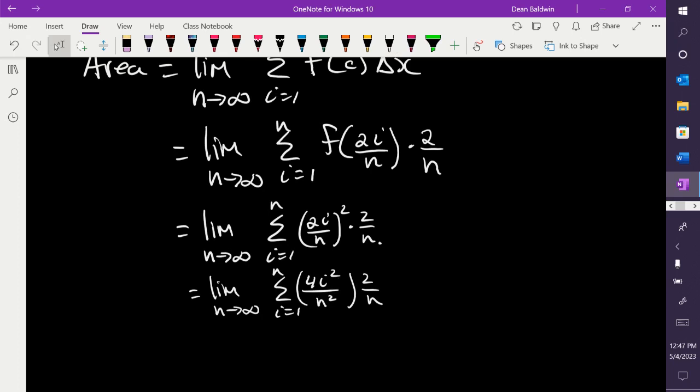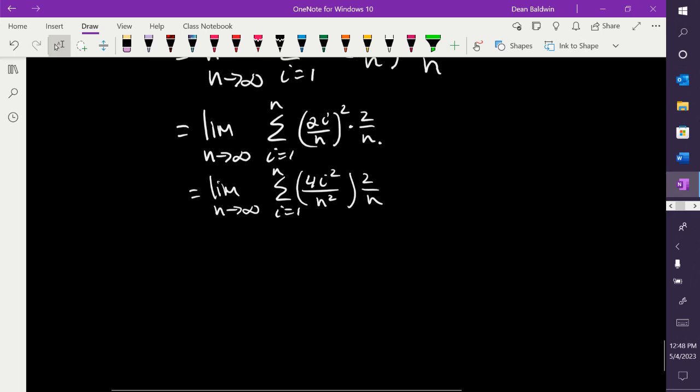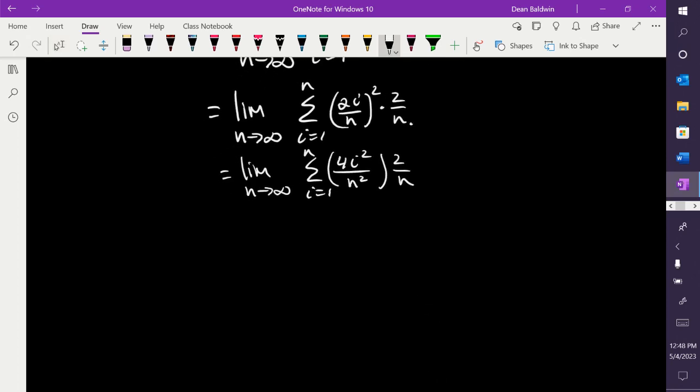I squared everything in the brackets. What if I do this, but I don't rewrite the sigma? Over. And then this has to actually do. Oh, okay. All right, then I can multiply the 2n in.